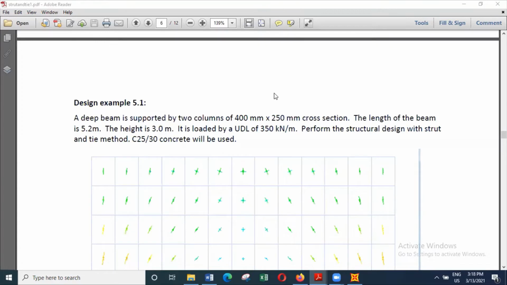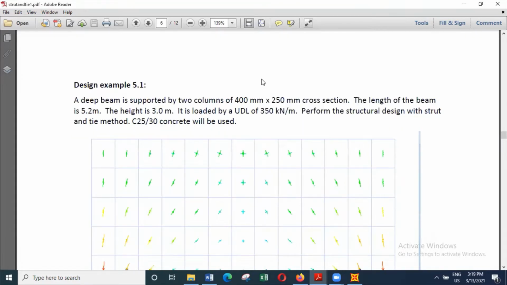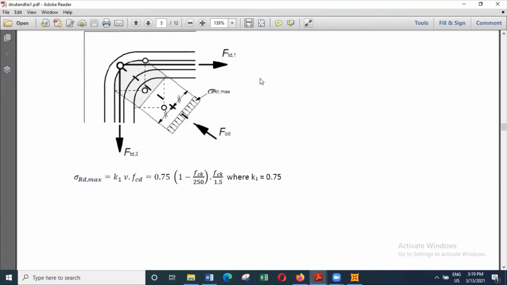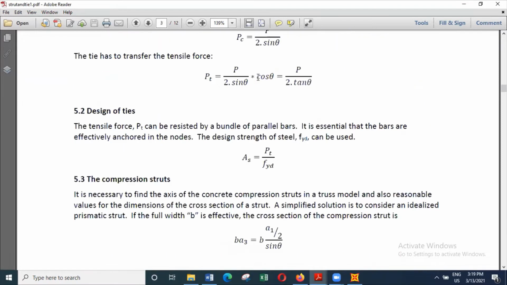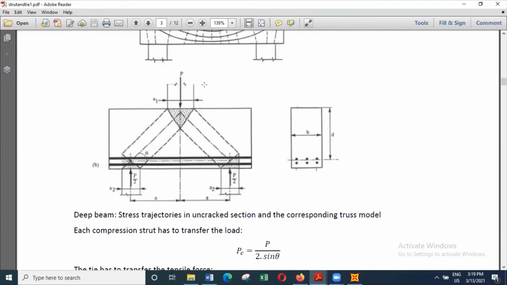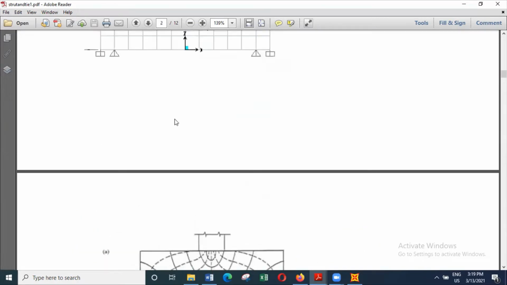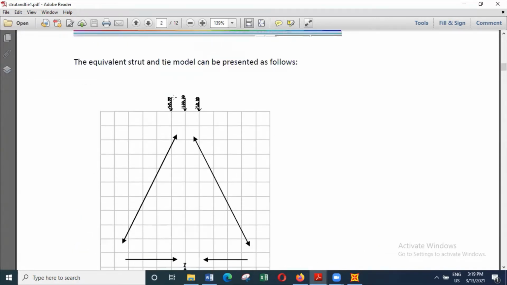So let's look at this particular example. Now the first one I have shown you is an example where the load is concentrated on a deep beam like this. The load is concentrated and it's acting.